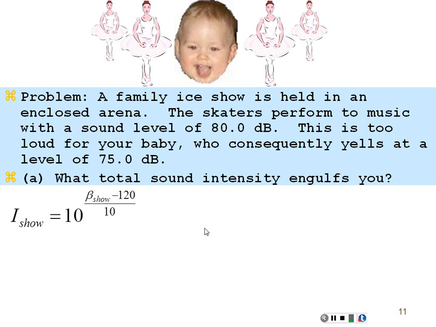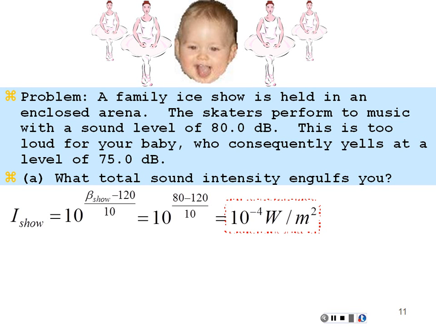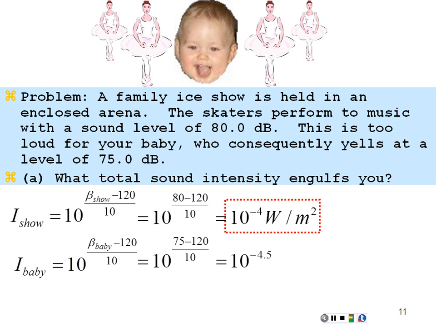respectively. So the intensity of the show is 10 to the beta of the show minus 120 over 10. We had 80 decibels, so it's 10 to the 80 minus 120 over 10, or 10 to the minus 4 watts per meter squared. The intensity of the baby, who is my nephew as a matter of fact, is 10 to the decibel level of the baby, 75 decibels minus 120 over 10, or 10 to the minus 4.5.